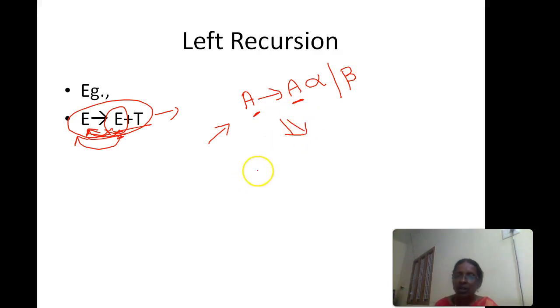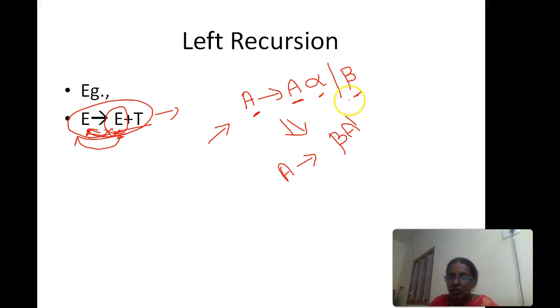What we are going to do first is introduce a new non-terminal. Let us take A dash, right? Keep in mind, alpha is nothing but some set of terminals and non-terminals.